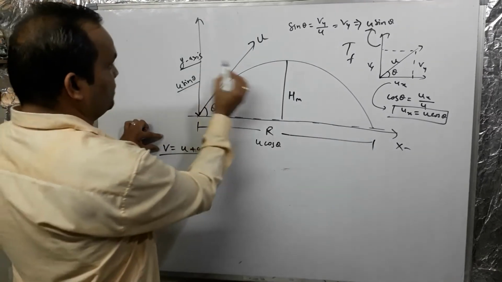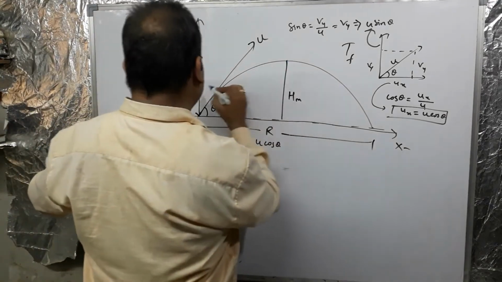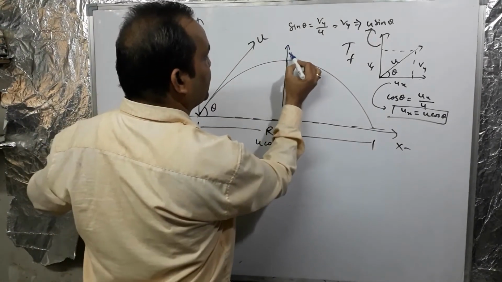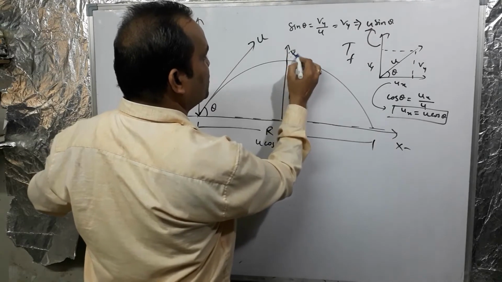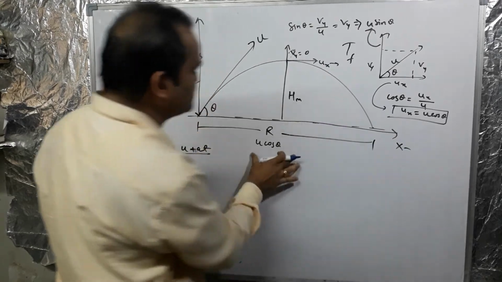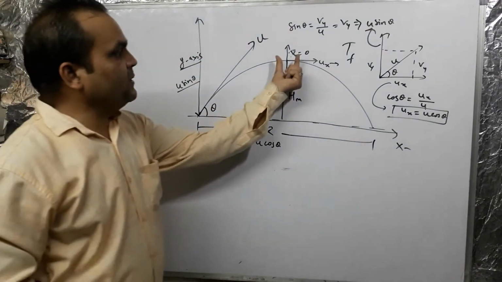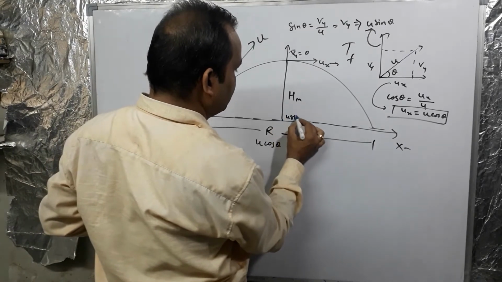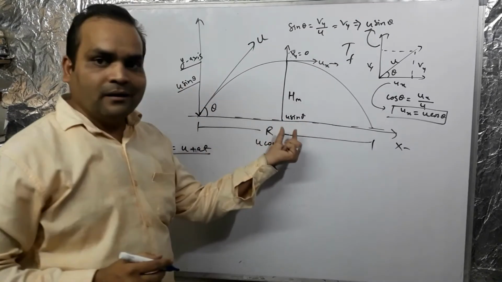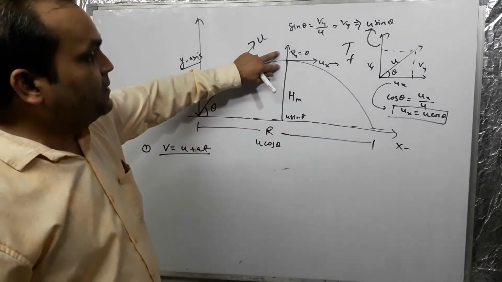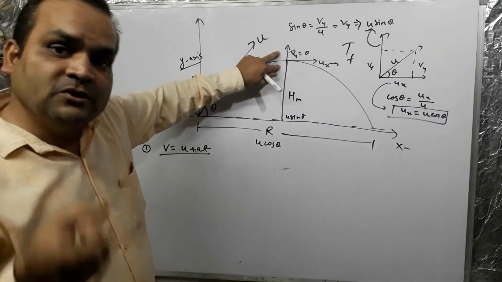Here v is the vertical component, so vy is equal to 0, and ux is u cos theta, but the uy vertical component is u sin theta, the initial velocity in the vertical direction. At the peak point the vertical velocity component will be 0.